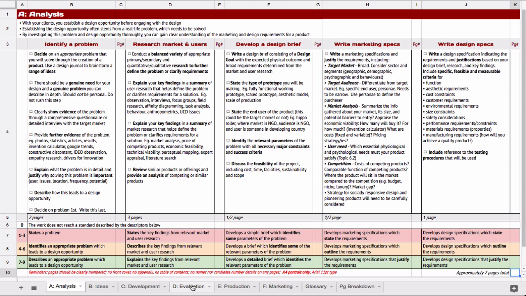So for an SL project with A, B, C, and D, that's 36 points total. For an HL project with E and F as well, that's 54 points total.